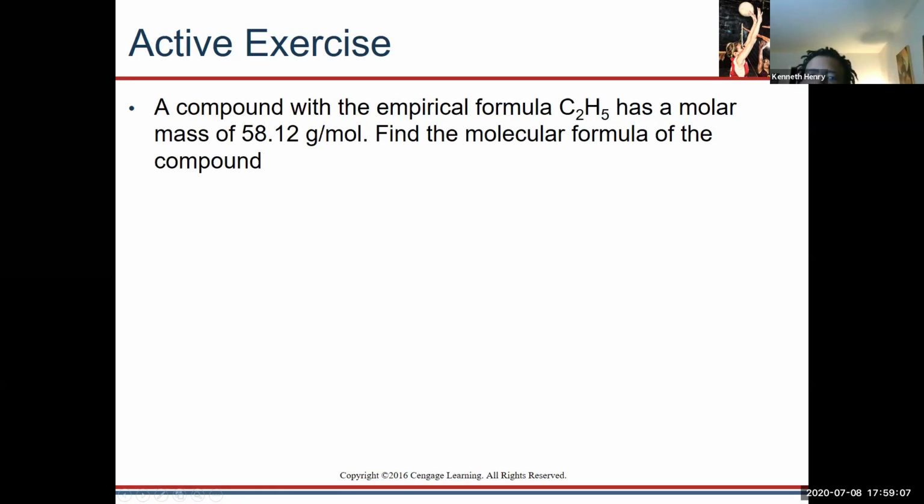Okay, so here's that problem right here. This is so much easier, right? It says a compound with an empirical formula of C2H5 has a mass of 58.12 grams per mole. Find the molecular formula of the compound. So what are you going to do?